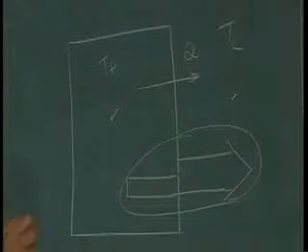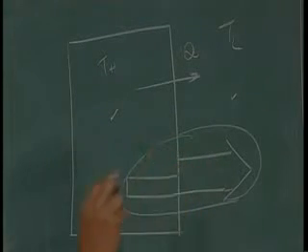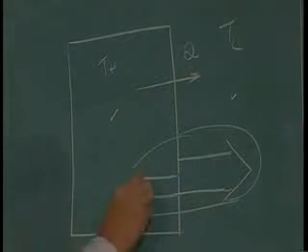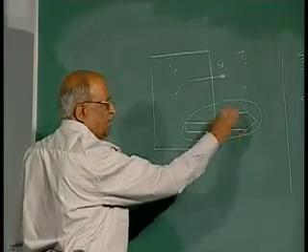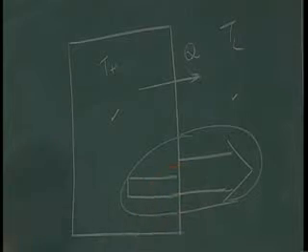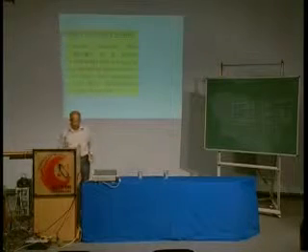That is, the sum of the entropy of the system and surroundings will always increase. Entropy of the system decreases, entropy of the surroundings increases, and entropy of the universe increases. That is what is meant. There is a typographical error in the slide, and you should not take this slide as correct.